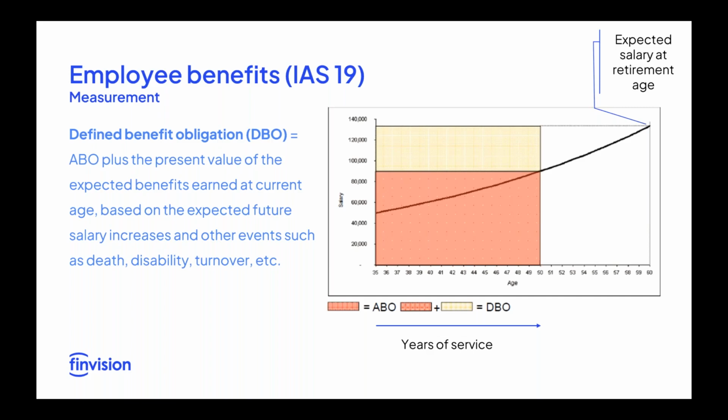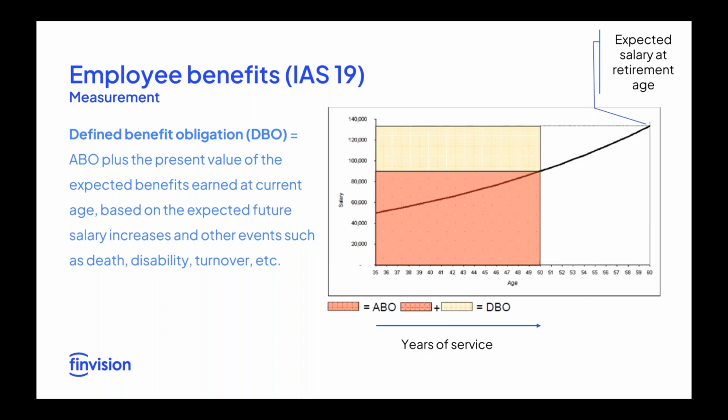The person is expected to have a salary of 130,000 euro, approximately. So you do that. But today he's only age 50, so you still have to go 10 years. So that's the yellow portion. We expect to pay based on the service today done at the age of 50.